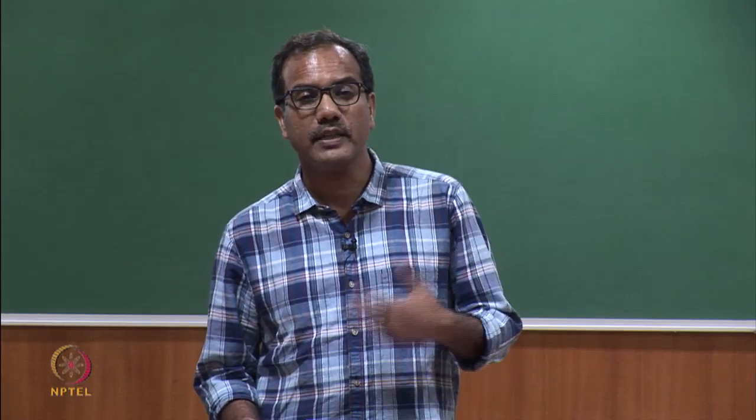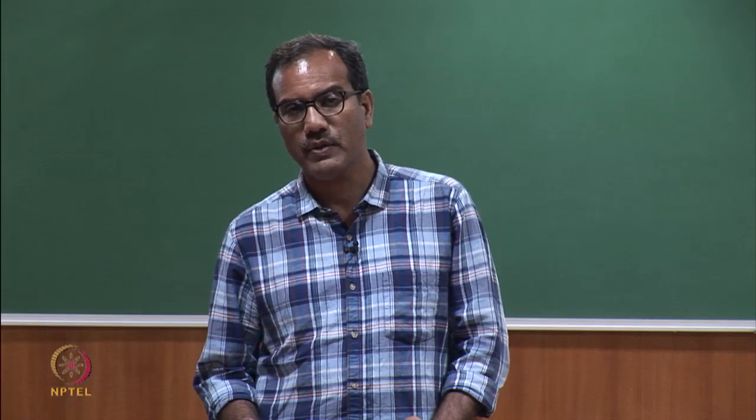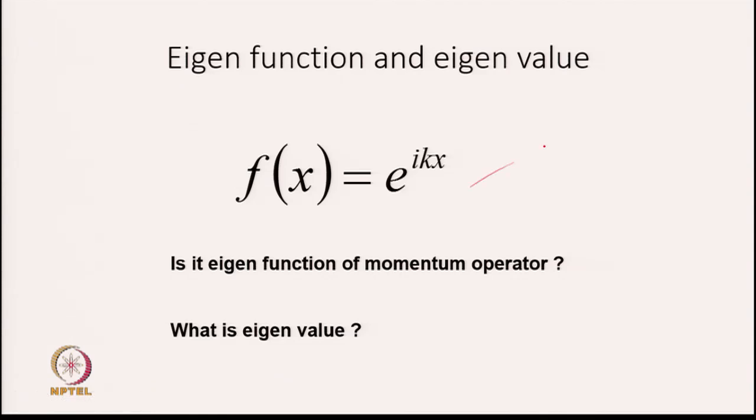So let us think of a function f(x) equal to exponential i k x. The first thing we have to know is whether this function is an eigenfunction of the momentum operator or not. The other question we can ask is, if it is, then what is the eigenvalue?